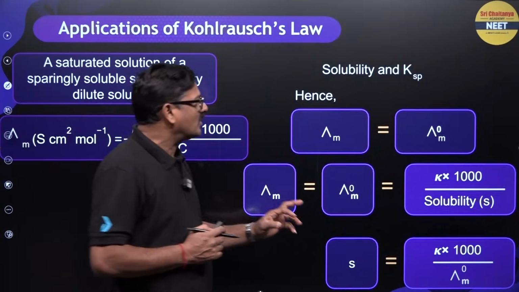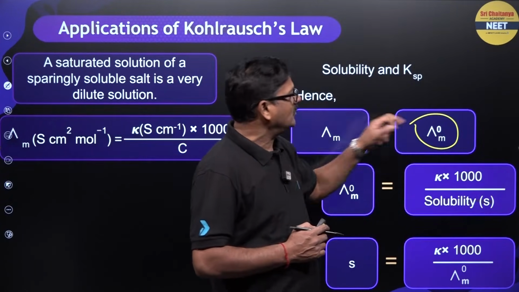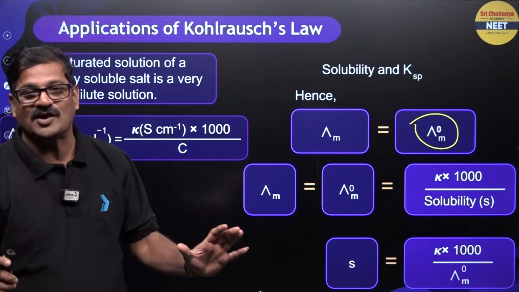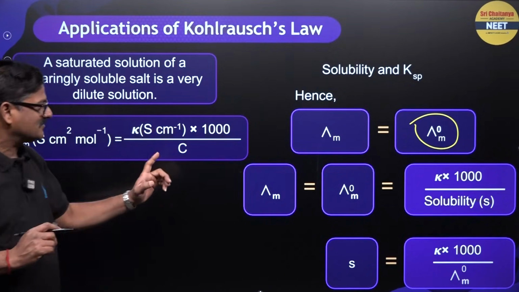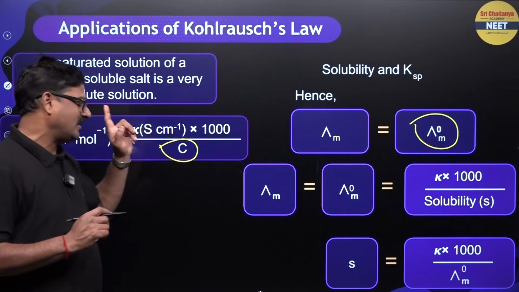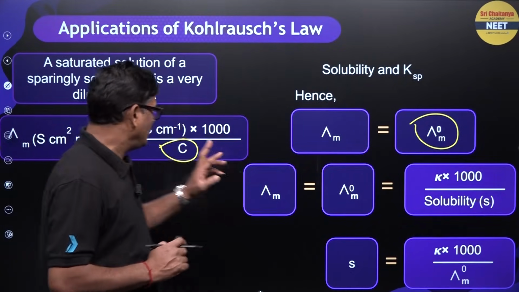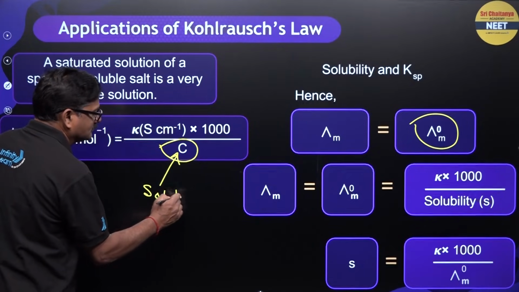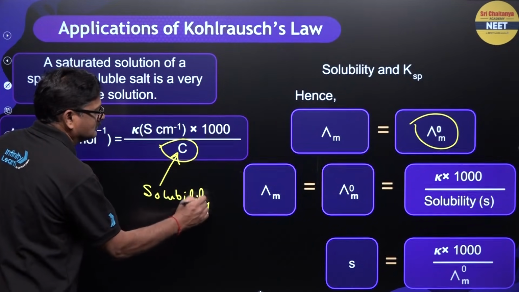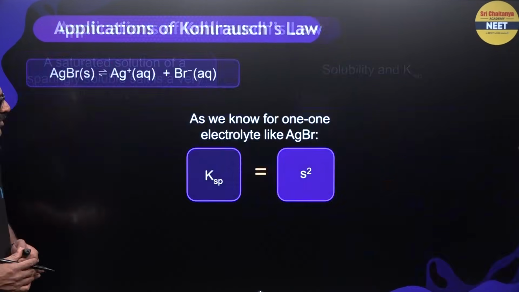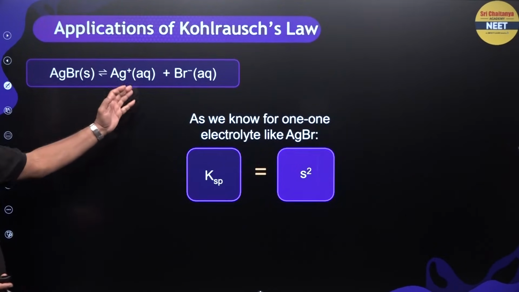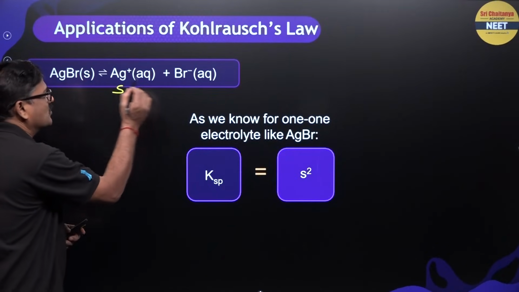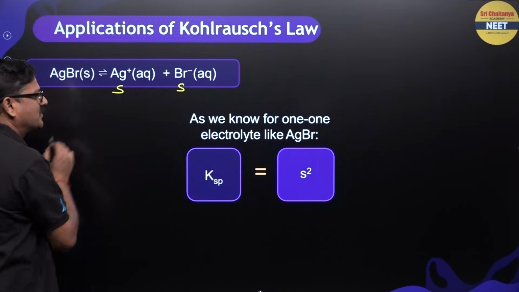So limiting molar conductance is a value that is going to give you answers for so many unsolved questions, and you just follow. Whenever you want to take the molarity, take the solubility and put it as the solubility, and you can get it. Moving ahead, one more: AgBr gives us Ag plus and Br minus. So its solubility, let us say, is S moles per liter.